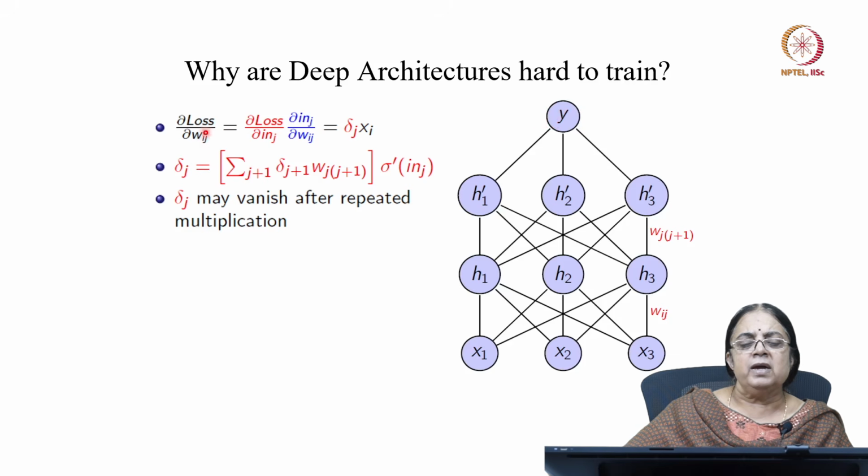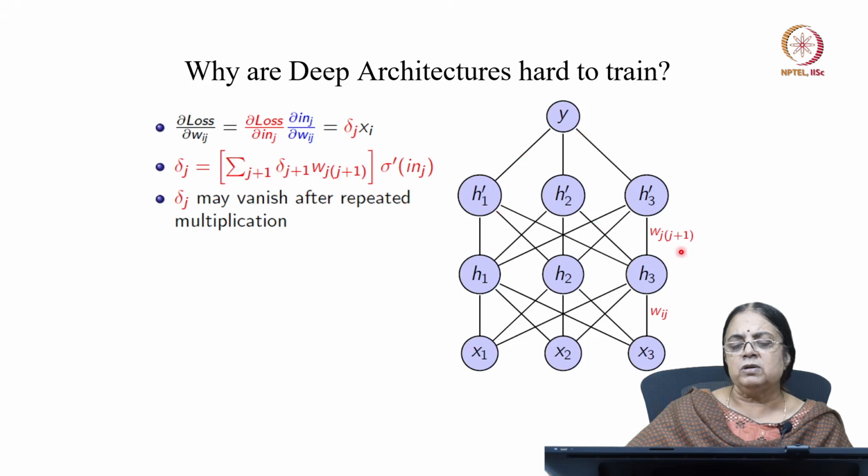You are going to calculate the partial derivative of the loss with respect to wij, that is the wij over here, and you are going to get delta j into xi.